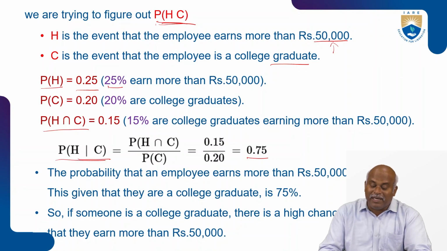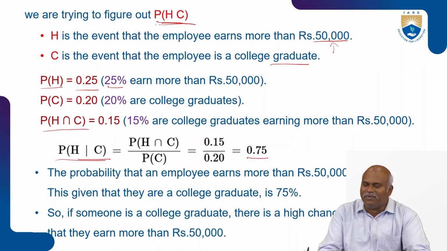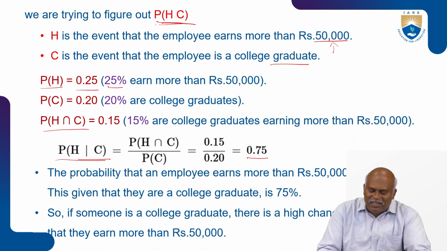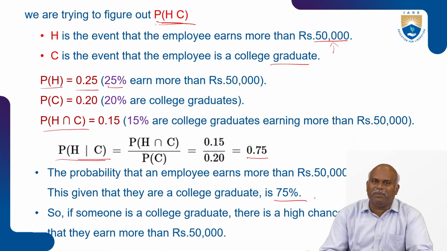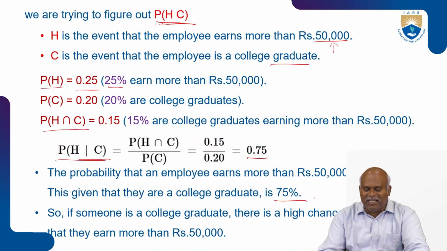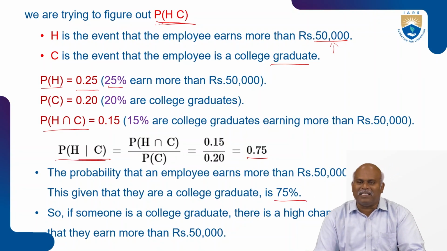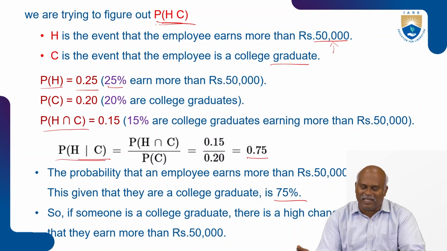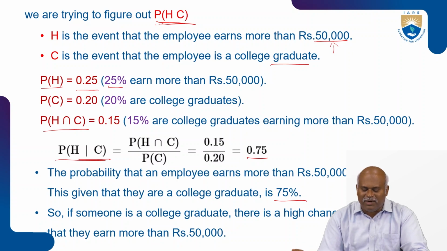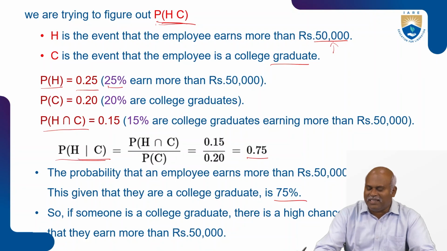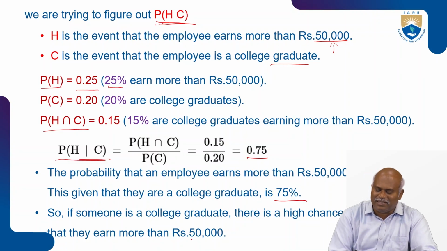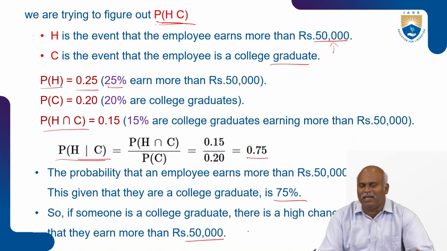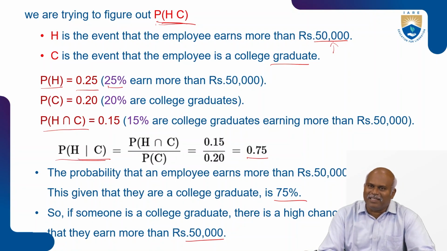Now, the probability that the employee earns more than a 50,000 salary, given that they are college graduates, is 75%. So if someone is a college graduate, there is a high chance that they earn more than a 50,000 salary. That's true. This represents conditional cases.